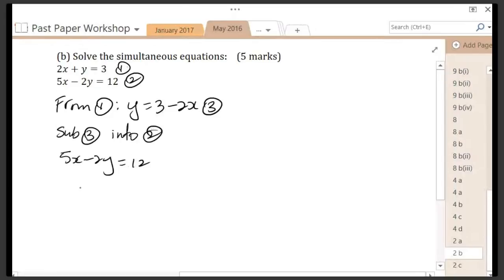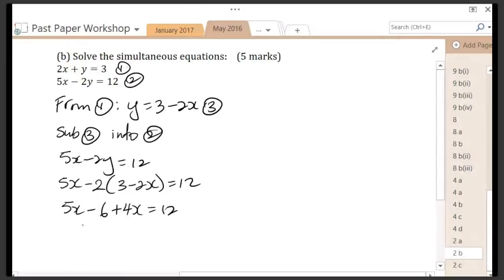So this is 5x minus 2, open brackets here, 3 minus 2x is equal to 12. So we're going to expand the brackets here. So this is 5x minus 2 multiplied by 3 here is minus 6. Minus and a minus is a plus, so plus 4x is equal to 12. All right, let's group the like terms here.